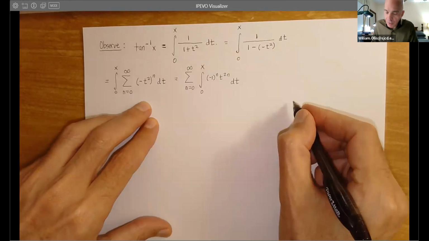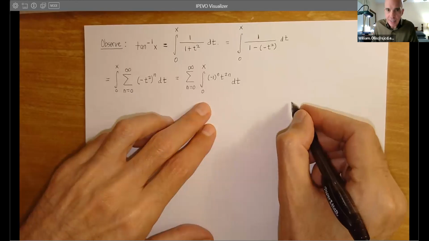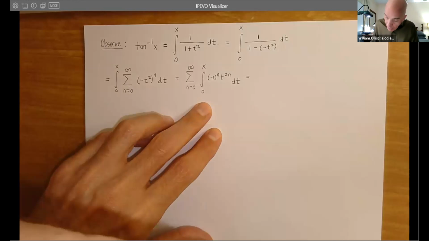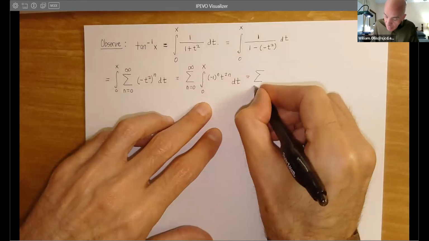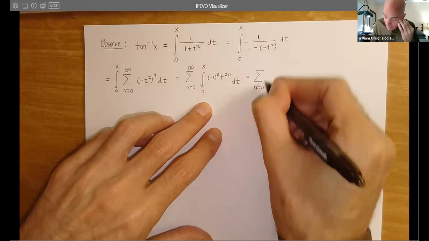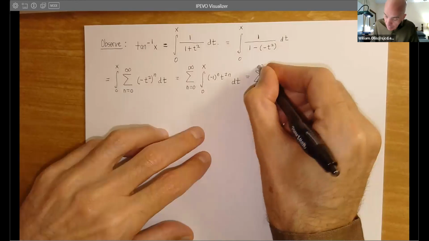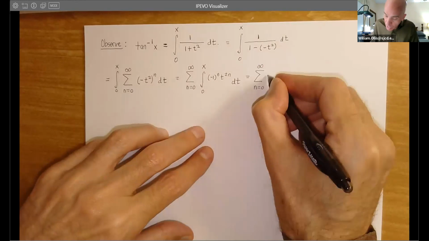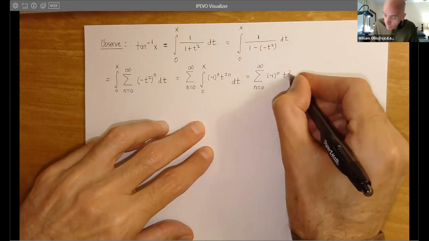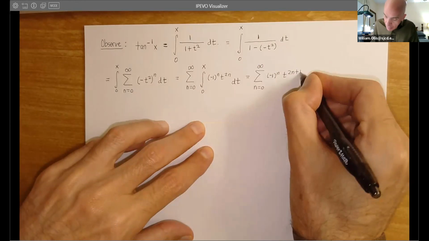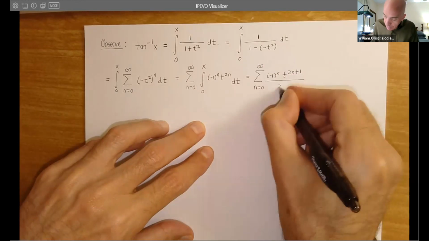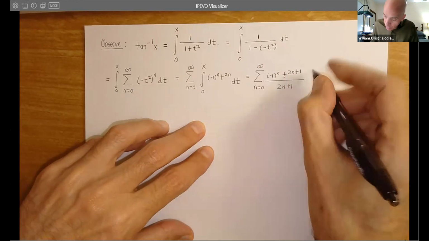So now when you look at this, it's like, okay, that's add 1 to the power and divide by the new power. So we get the series n equals 0 to infinity, -1 to the n, just like we did last class, t to the 2n plus 1 divided by 2n plus 1, evaluated from 0 to x.